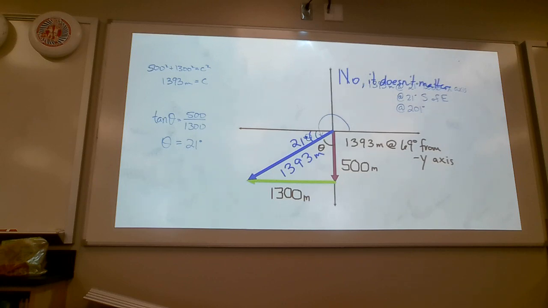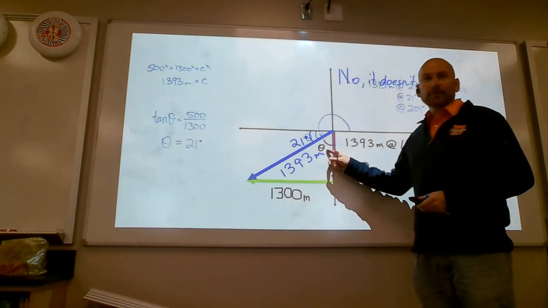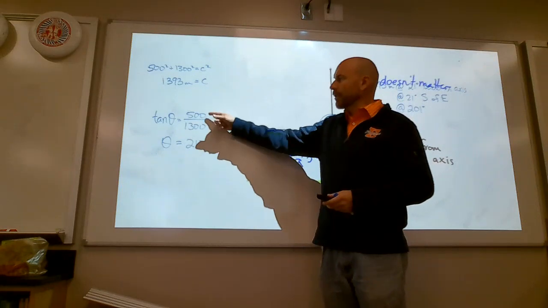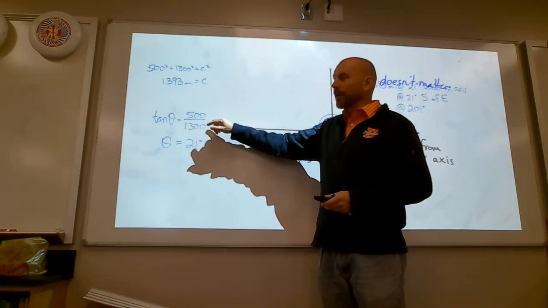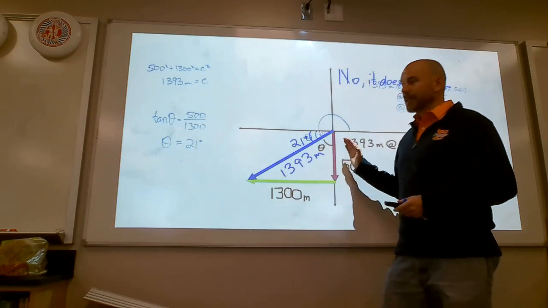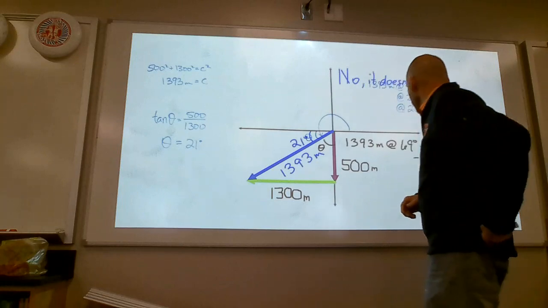The only difference, though, is that you're calculating this angle. Okay. Your tangent is going to be 1,300 over 500, opposite over adjacent, and you're going to find your theta to be 69 degrees.